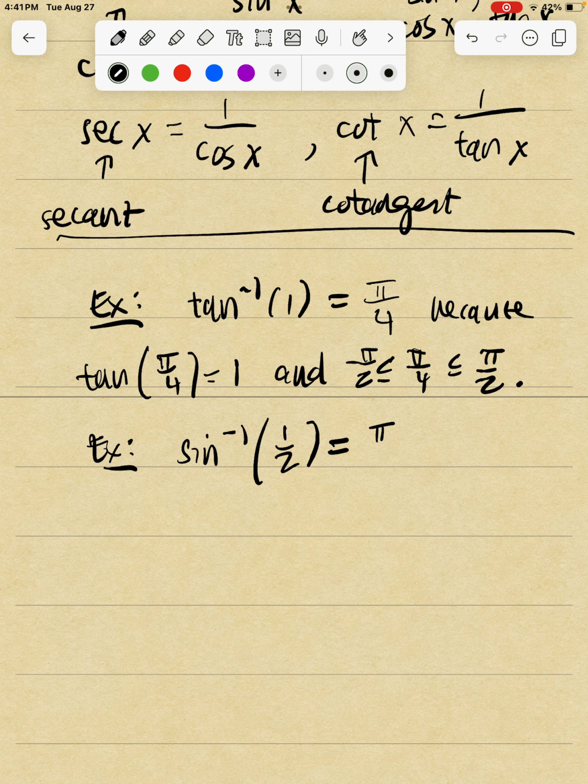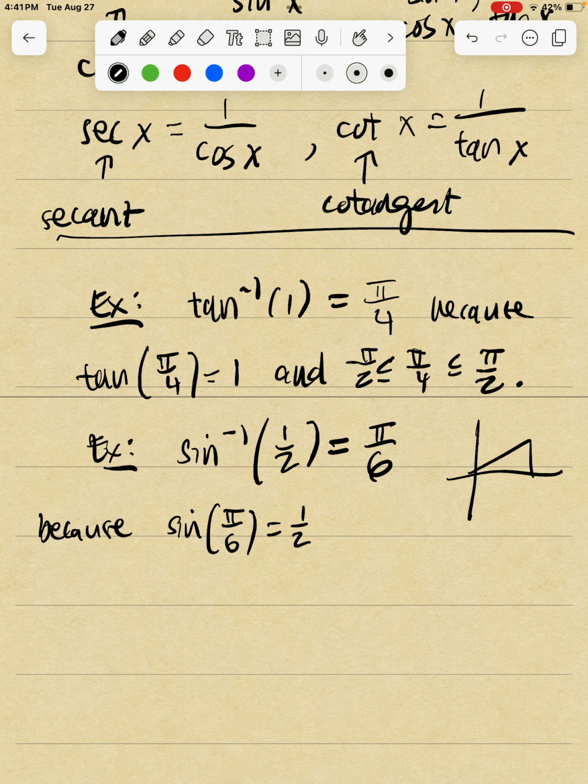It's pi over 6. Right? Because pi over 6 is like this, and then opposite over hypotenuse is 1/2. So it's pi over 6 because its sine is equal to 1/2, and because it's between negative pi over 2 and pi over 2.